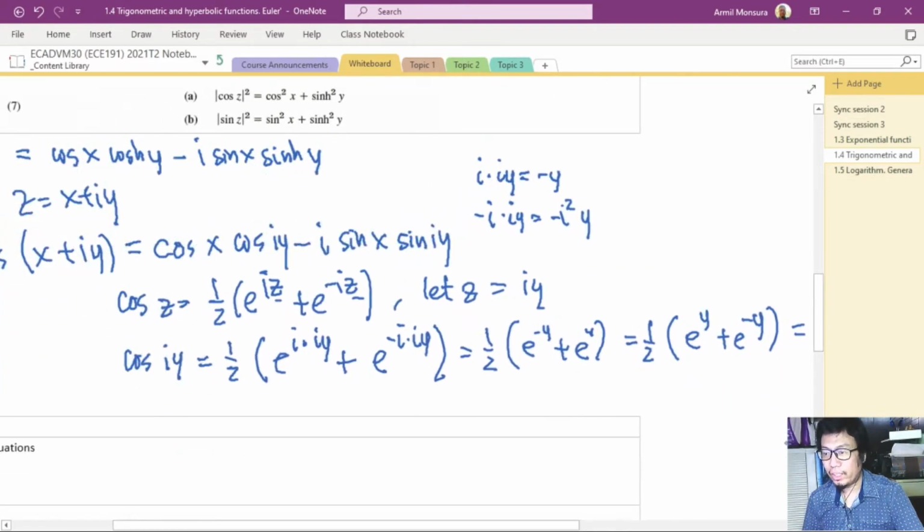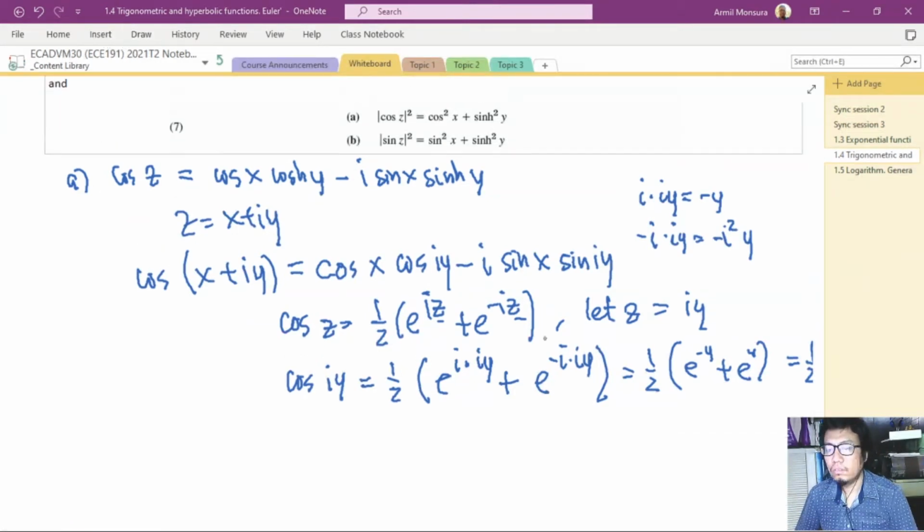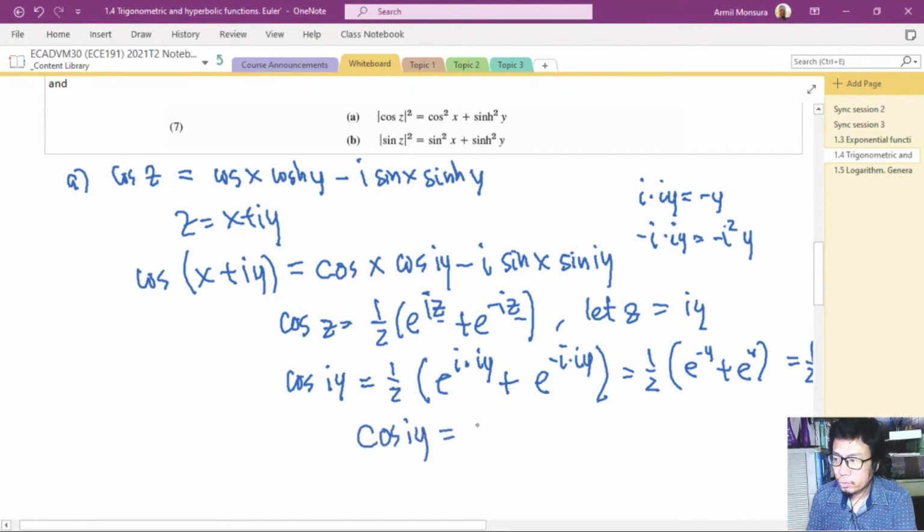So now we were able to establish that cosine of iy is equal to hyperbolic cosine of y.